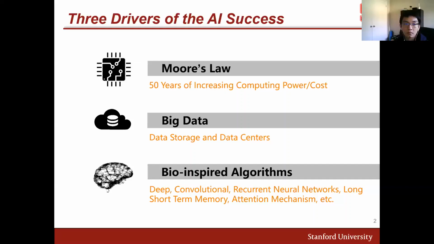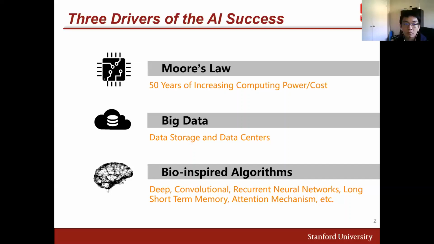This has been happening for almost the last 50 years. So this has given us a really powerful tool to compute and calculate information. And then the second part is that we have a lot of data at hand for the processor to calculate, right? This is mainly coming from data storage and data centers, mainly hard disk drive and solid state memory. So this is also very critical.